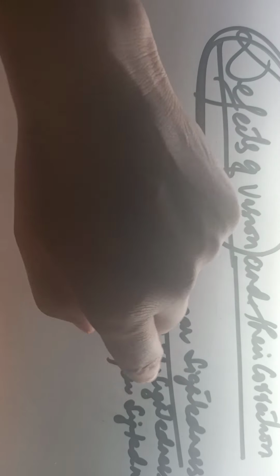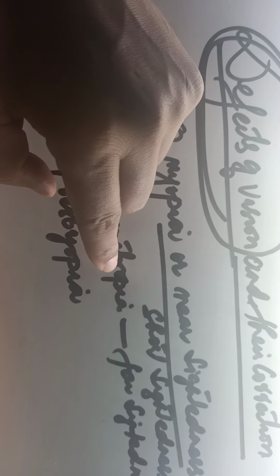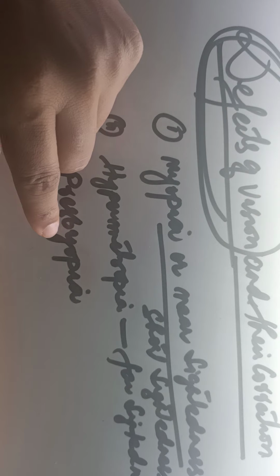There may be other problems also, but over here we are going to discuss only these three defects of vision: myopia or nearsightedness, also called short-sightedness, hypermetropia or far-sightedness, and presbyopia. Let's look into all these three defects of vision.